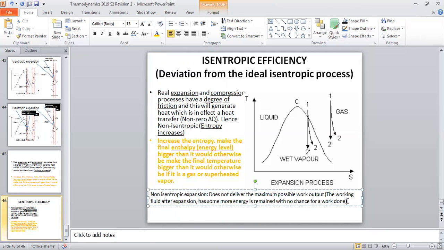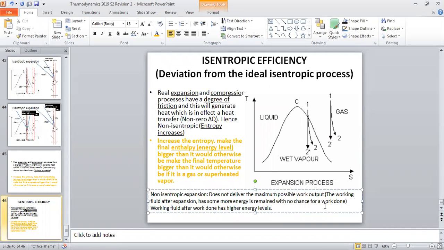So the working fluid after work done has higher energy levels, because it didn't deliver the full energy because of the entropy.